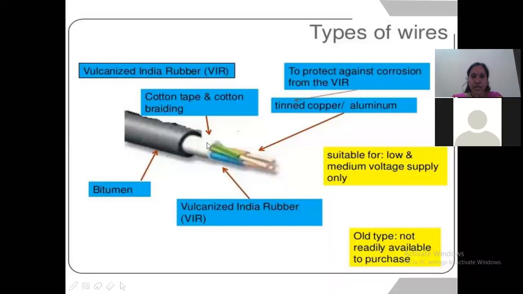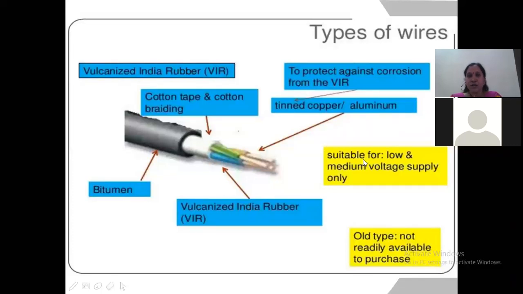On that we have the cotton tape and the cotton braiding, which can absorb any moisture that is there. Finally, we have the bitumen material on which a waxing is placed, for protection.